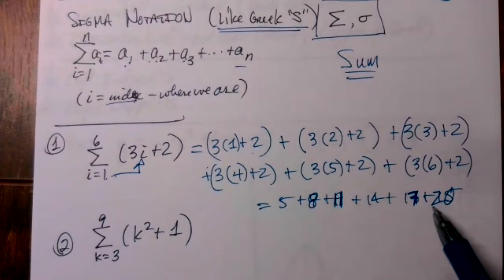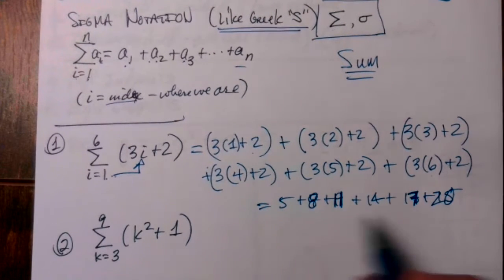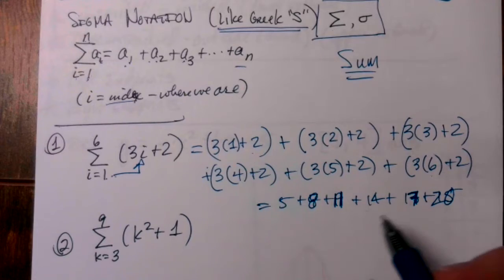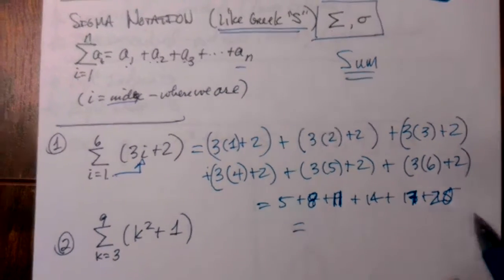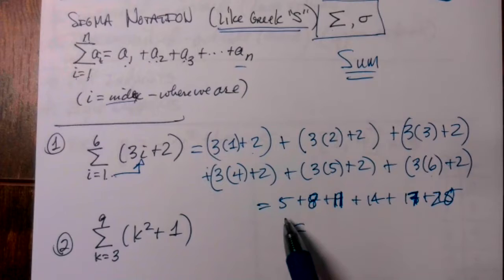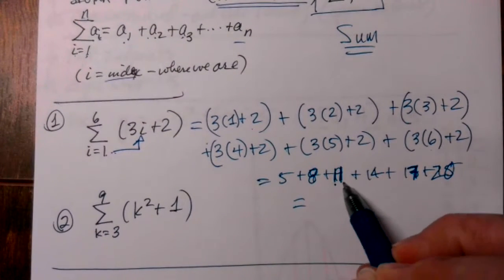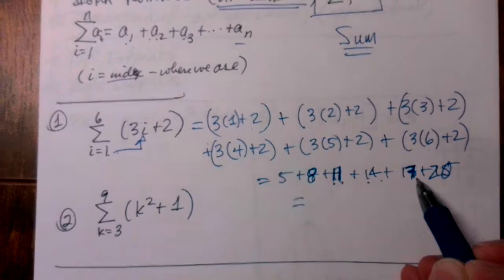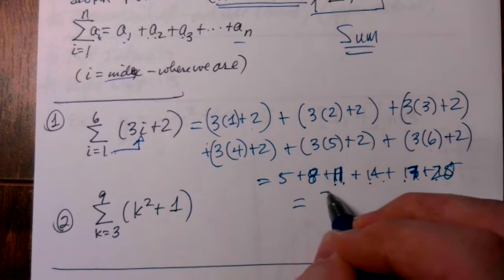Let me just double check this last one. 3 times 6 is 18, plus 2 is 20. Yes, I was going up by 2s and I was supposed to be going up by 3s. So to total this out, because that's literally what this is asking you to do, I have 13, 24, 28, 38, 45, 55, 65, 75. That's it.